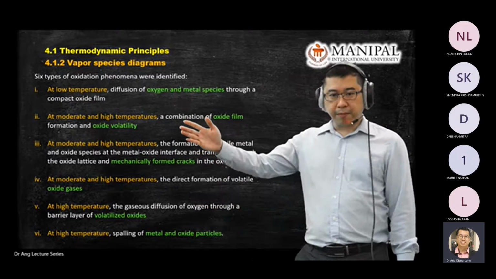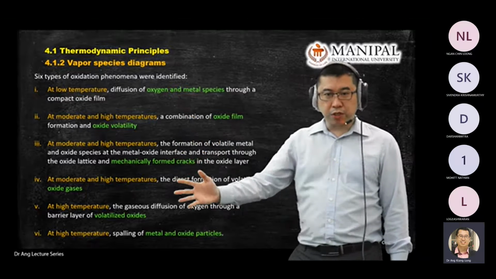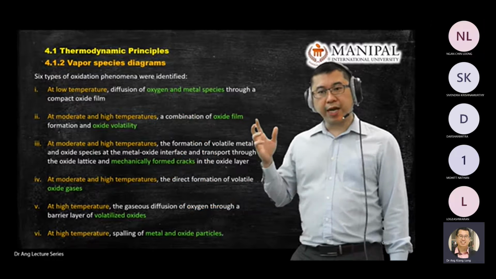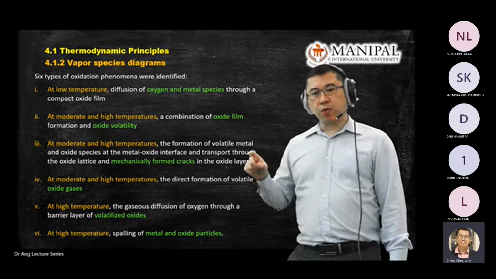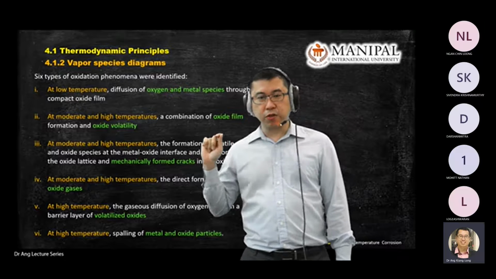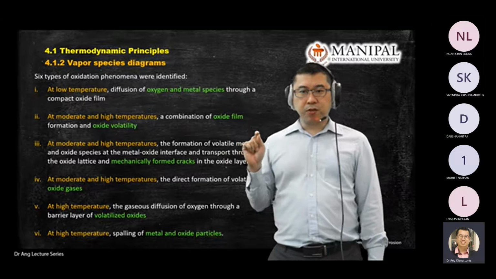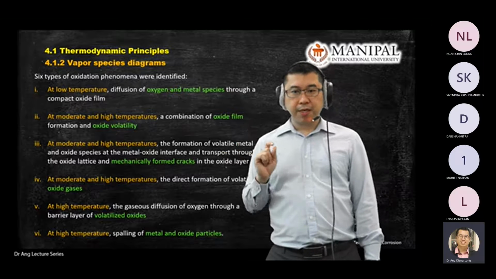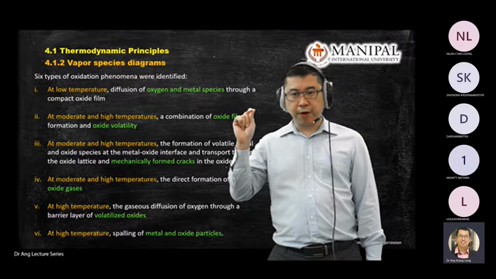Okay, for the moderate to high temperature region, you focus on what happens to the oxide film. The first phenomenon you see when you start to enter moderate temperature is that the oxide starts to form.